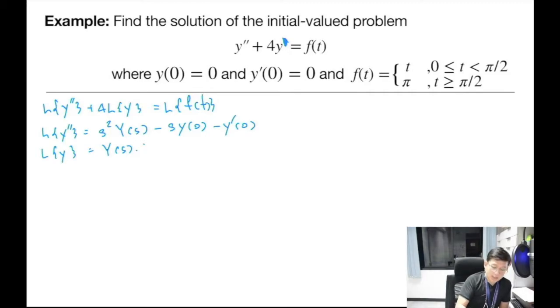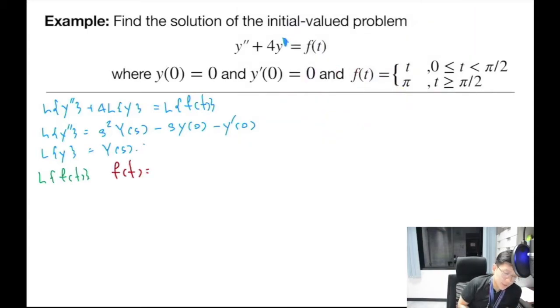Okay, and then we do need to find the Laplace transform for f(t). As you can see, f(t) now is in terms of the unit step function, so we do need to write down f(t).